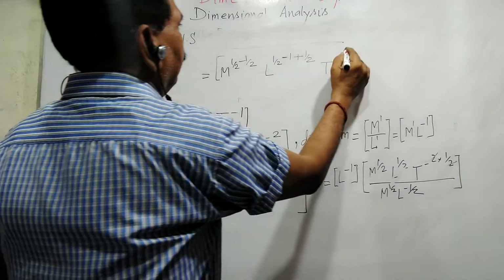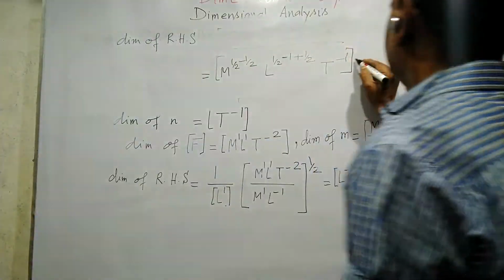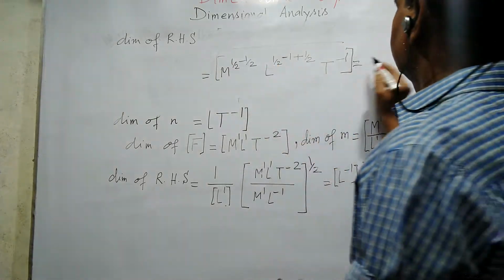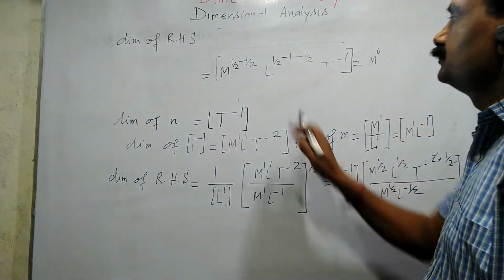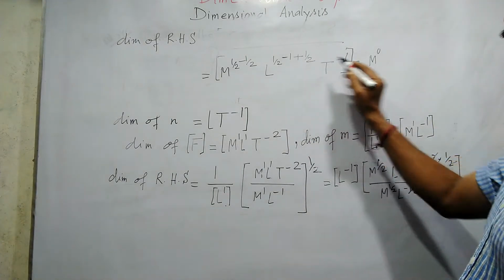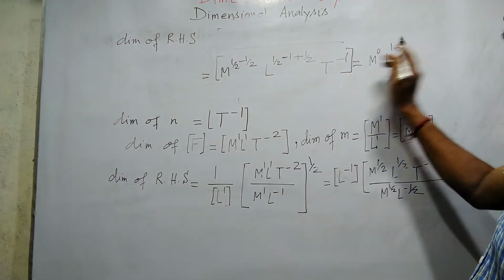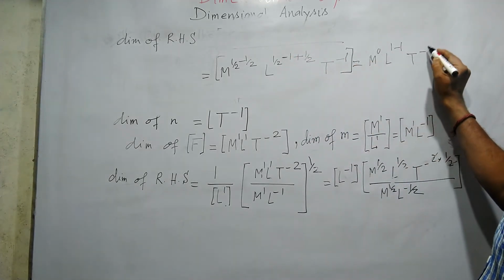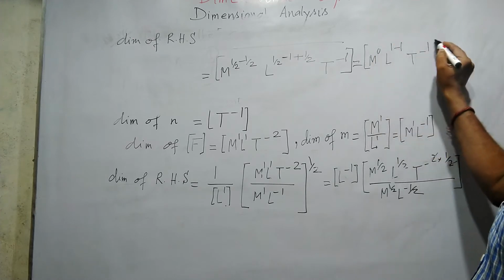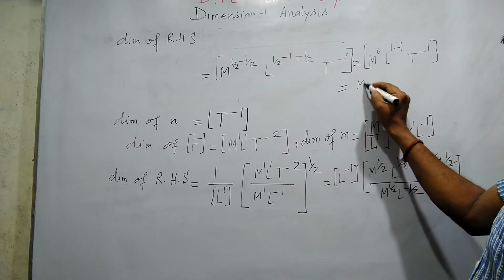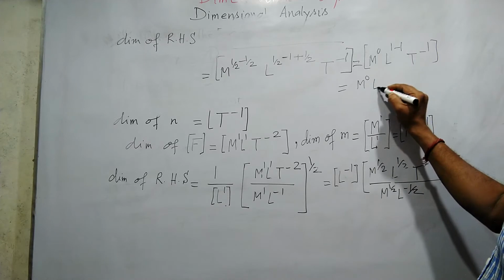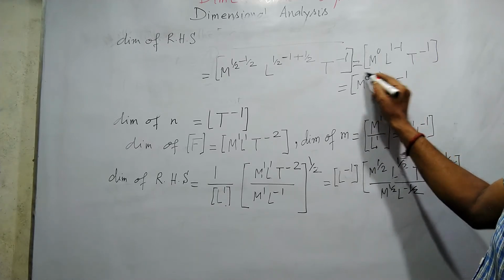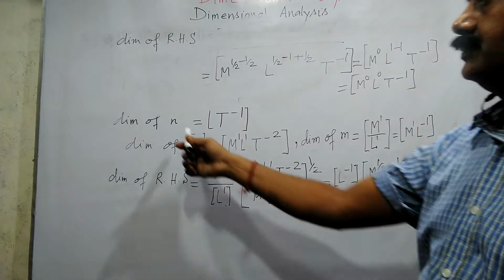Now what do we find here? Here m to the power half minus half, that is cancelled. Then m to the power 0. Here L to the power half plus half minus 1, that is L to the power 0, and this is with t to the power minus 1. Then this is m to the power 0, L to the power 0, and t to the power minus 1. And what was the dimension of LHS?